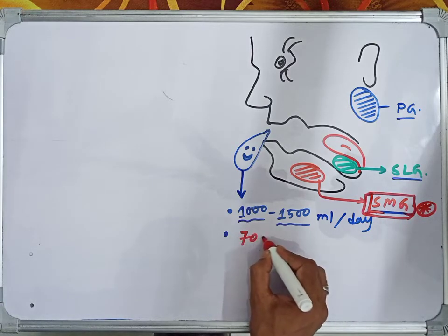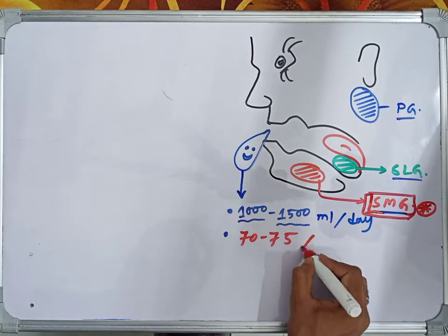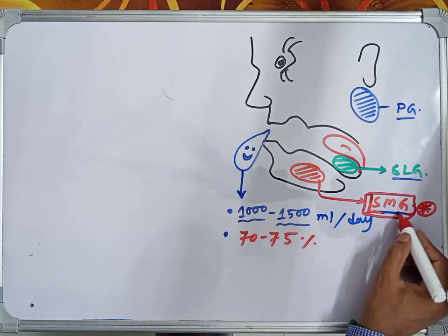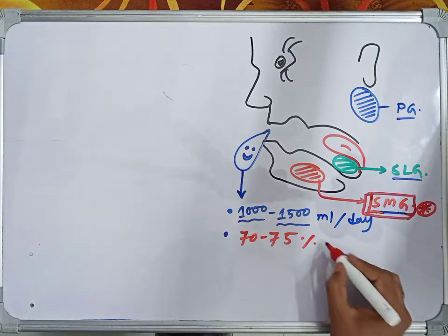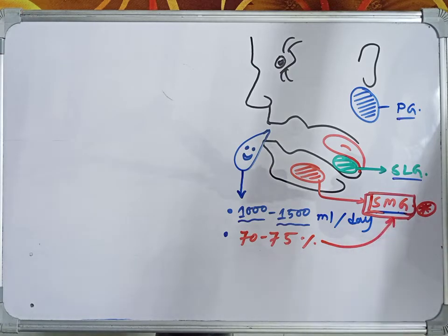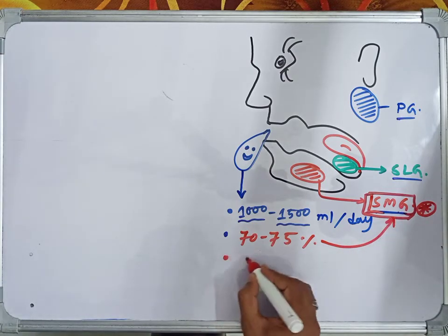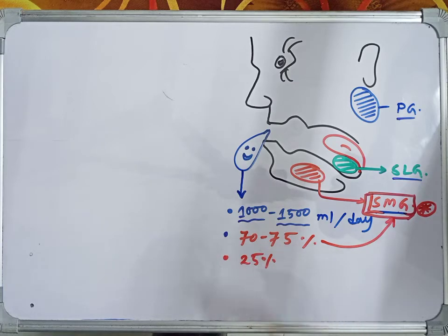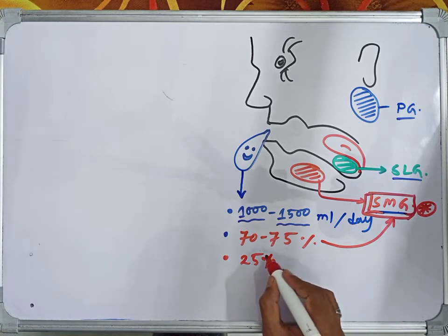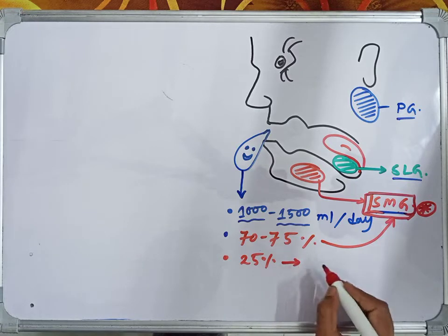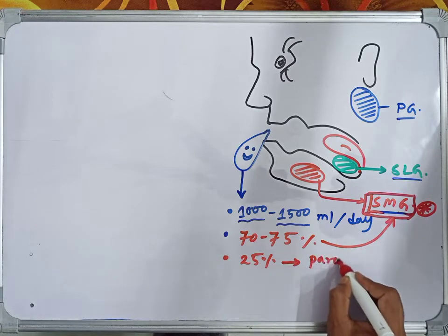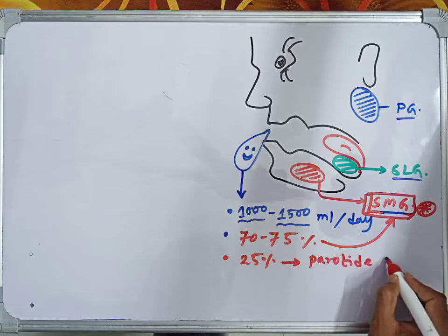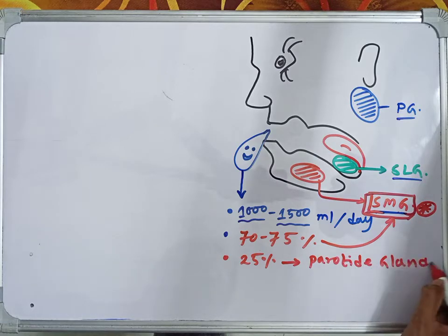Actually 70 to 75% of saliva is produced by this submandibular gland, right? But only 25% of saliva is actually produced by the parotid gland. It is MCQ point of view, very very important.